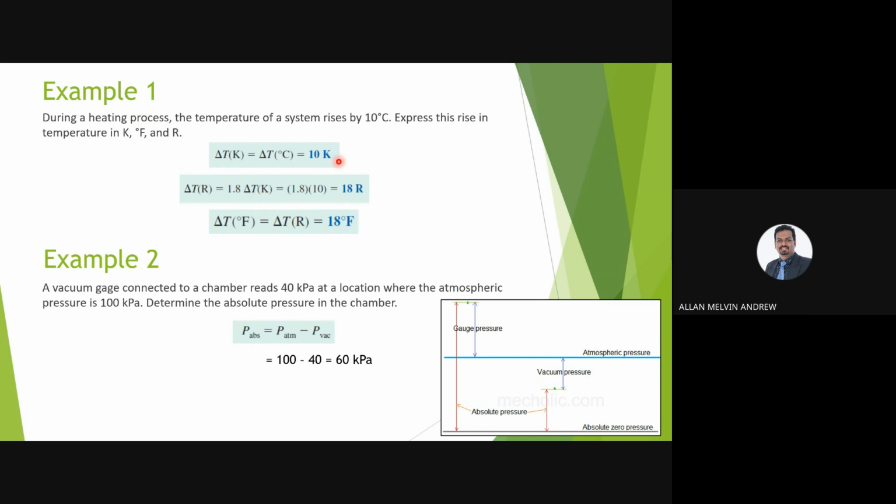We already know 10 Kelvin, so 1.8 times 10, the answer is 18 Rankine. Once you have found this, we can use this formula to find the change of temperature in Fahrenheit. The change of temperature in Fahrenheit equals the change of temperature in Rankine, so the final value is 18 degrees Fahrenheit.